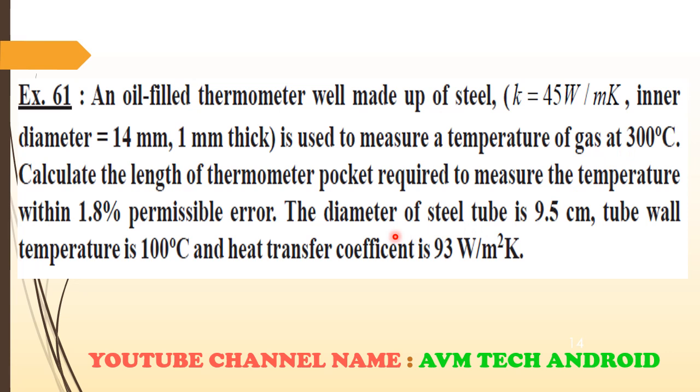The gas is flowing through the steel tube of 9.5 centimeter diameter. The error must be within 1.8%. Almost everything is given, only we have to find out the length of the thermometer pocket. So let us see.